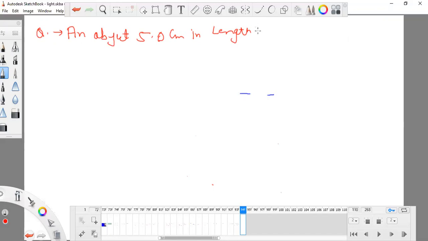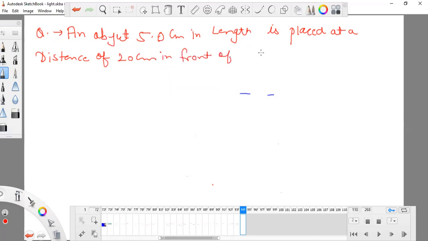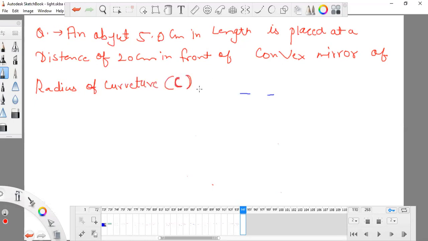Is placed at a distance of 20 centimeter in front of a convex mirror of radius of curvature, that is C. You know that C is equal to 2F.